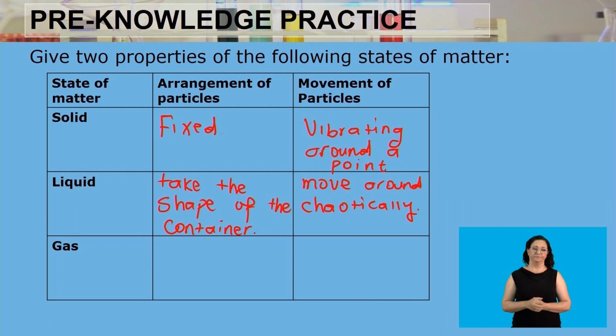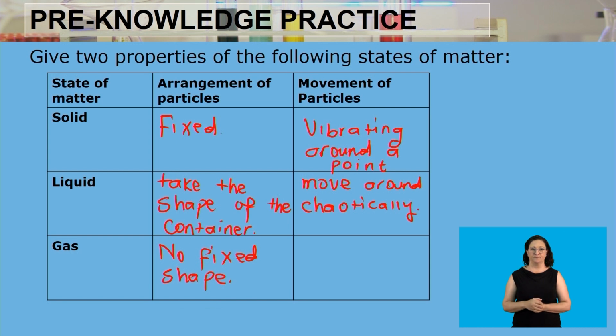Now, what about the gases? So the arrangement of gas particles. We know that there is no fixed shape. So the particles that are making up a gas, they don't have a specific shape. So they will just fill the container that they are in, in no particular order.